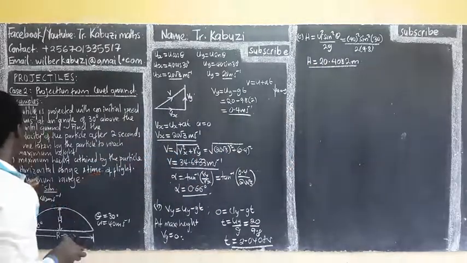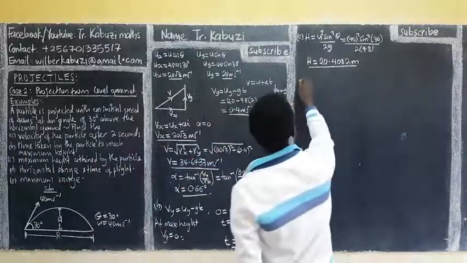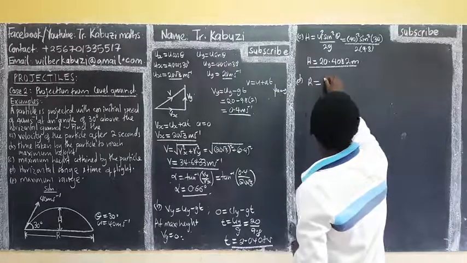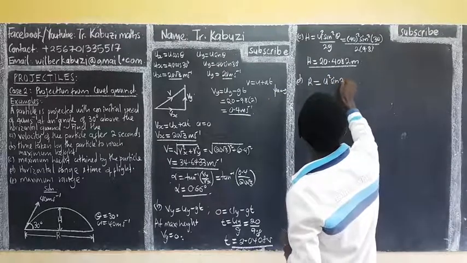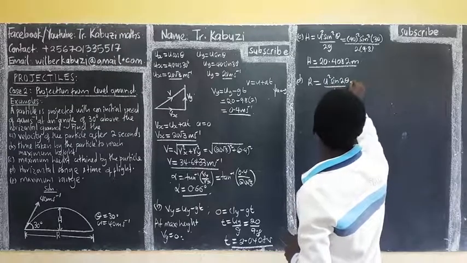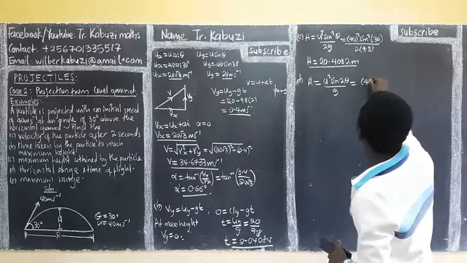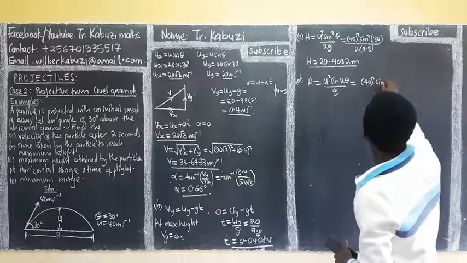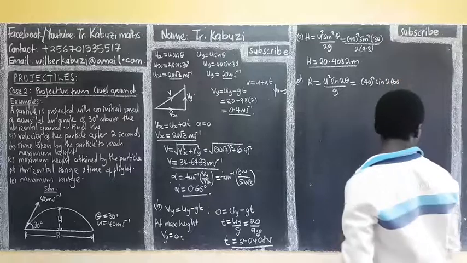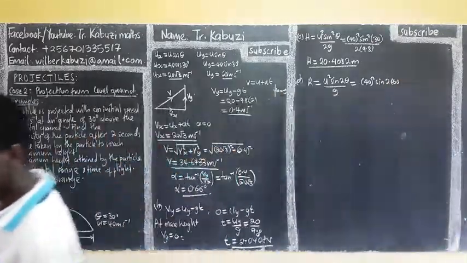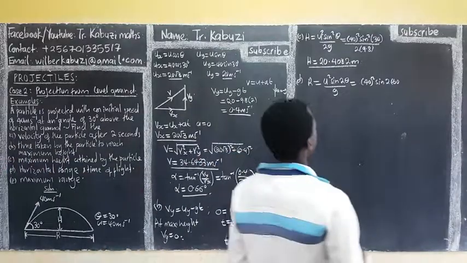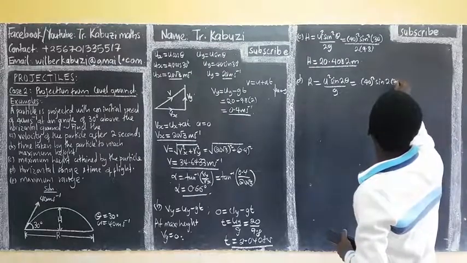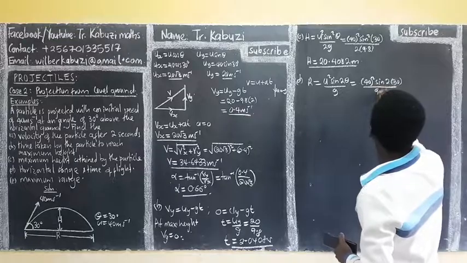That's the maximum height attained by the particle. Then the horizontal range. We said our range is given by u squared sin 2 theta over g, which is 40 squared times sin 2 of 30, that is sin 60, over 9.8.